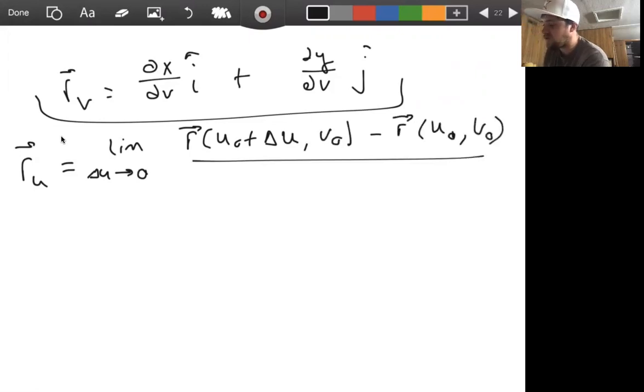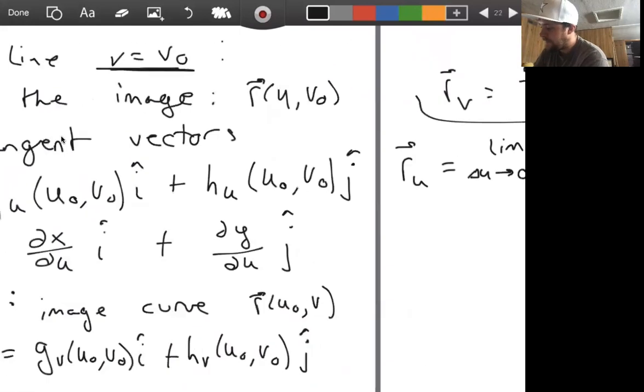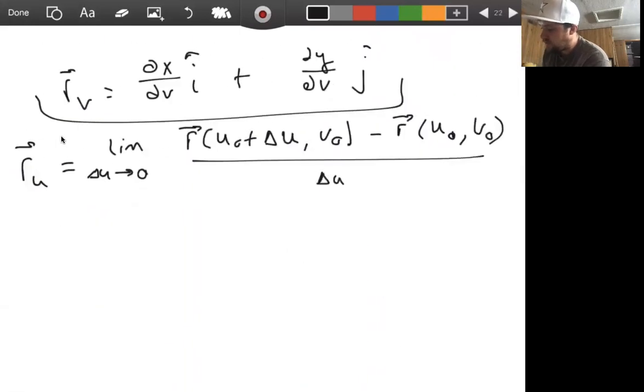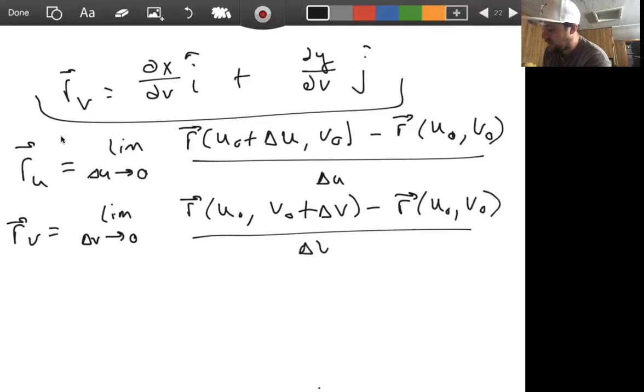This is the definition of the derivative at the point u naught v naught. Remember, we're always looking at the point u naught v naught here. And so this is over delta u. And similarly, r sub v is the limit as delta v approaches 0 of r of u naught, v naught plus delta v minus r of u naught, v naught all over delta v.